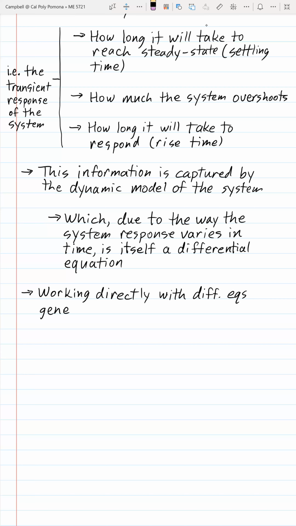So these differential equations, of course, are going to be generated from the governing laws. That's where those differential equations are typically coming from. So working with those differential equations is typically difficult and inefficient.